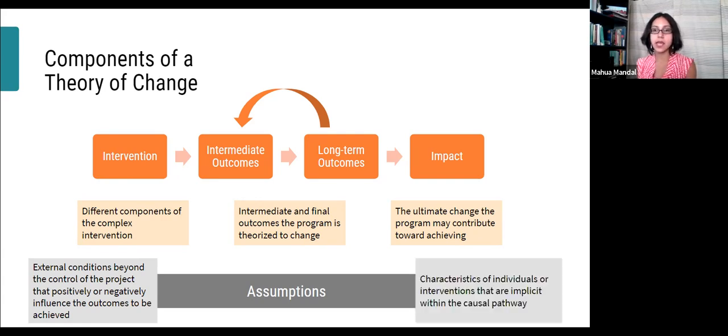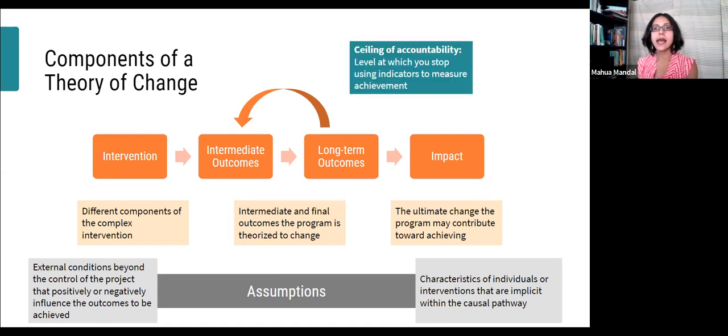Next. And then other people use the term assumptions to mean the rationale used to connect the activities to the outcomes. So it's really referring to the hypotheses that they're pulling from and the conditions that need to be in place within the project, whether these conditions are in reference to the individuals or the activities.